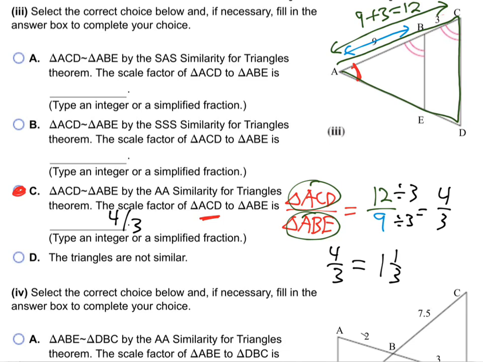So we're going to put in the answer as 4/3, but it maybe means more to us to say the big one is 1 1/3 of the little one. That's what we're really saying when we're saying it's 4/3. It's all of the little one and a third more. It's a third bigger. Good with all that? The scale factor? All right.